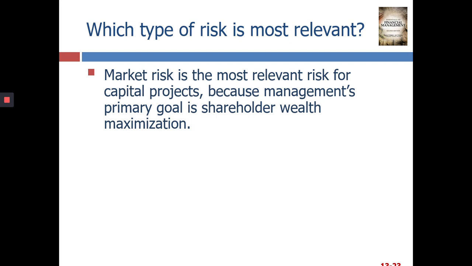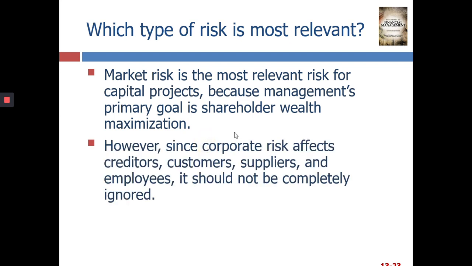They're concerned about the entire business, the entire umbrella, a group of companies. They want to know overall how the company is doing, not just one single entity. However, since corporate risk affects creditors, customers, suppliers, and employees, it should not be completely ignored.